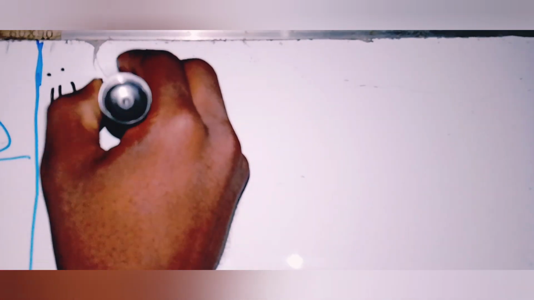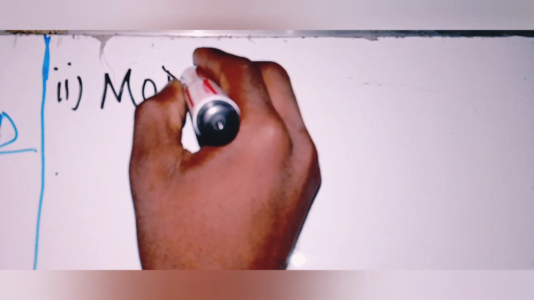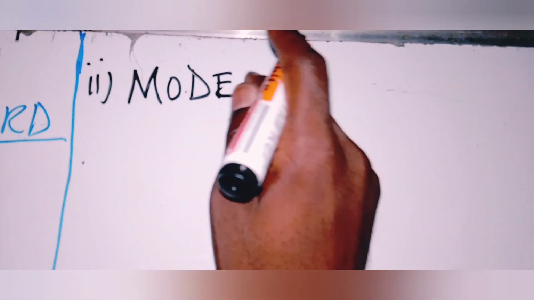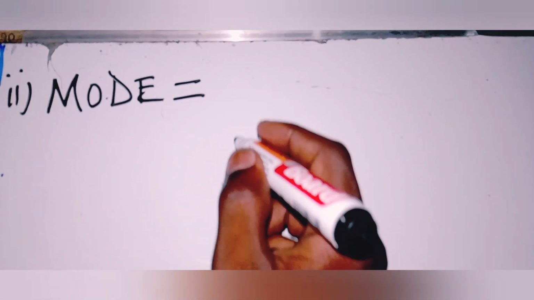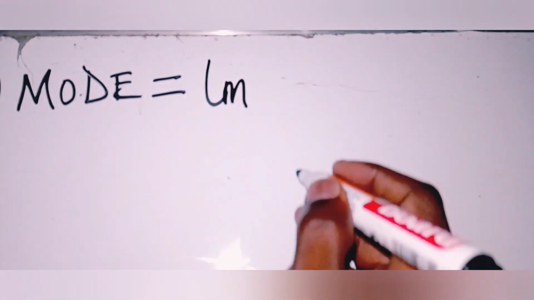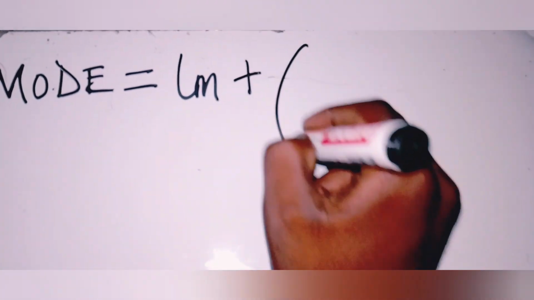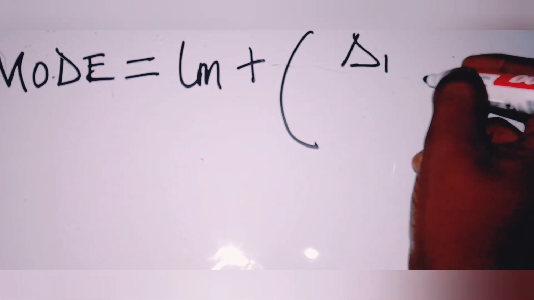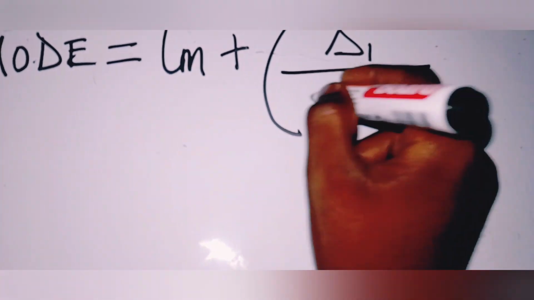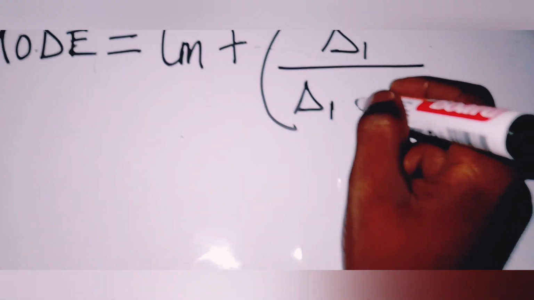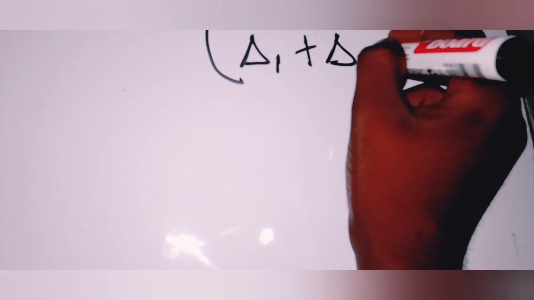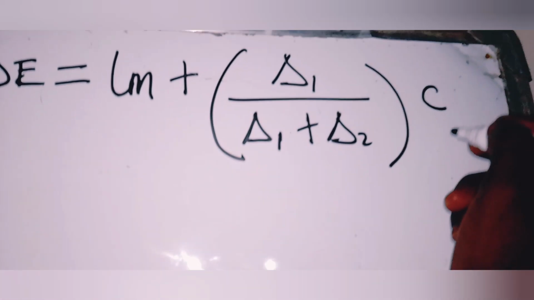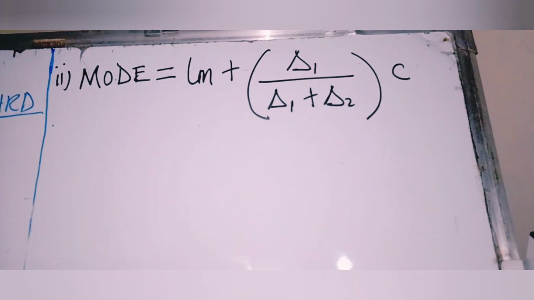So let's move on now to the mode. The formula for the mode for grouped data is the lower class boundary plus, open bracket, delta 1 over delta 1 plus delta 2, and then the class width.